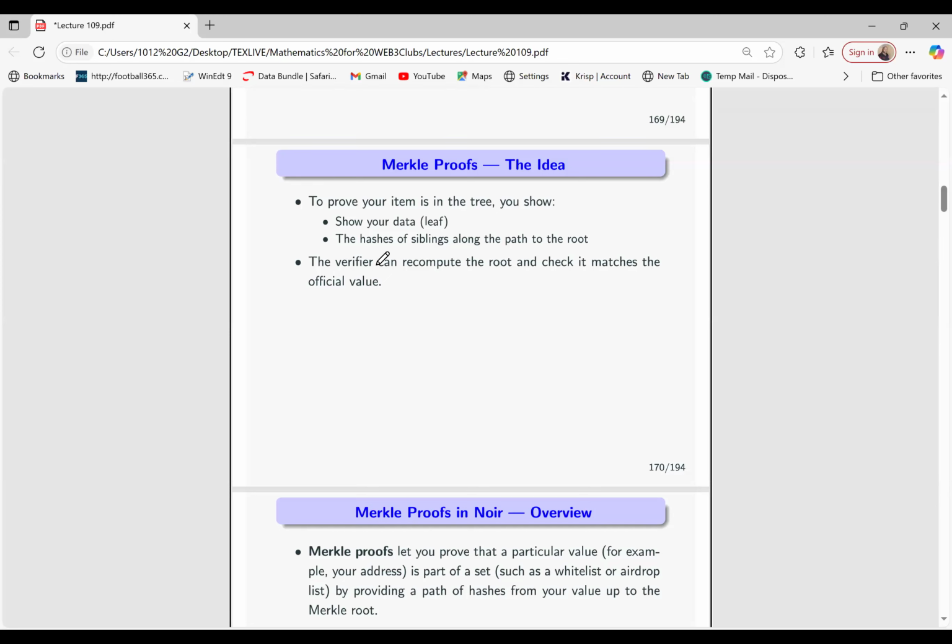So Merkle proofs, what we'll be doing is this. We'll be proving that your item is in the tree. For you to do that, because you want to show that this element is in that set, you will show your data.